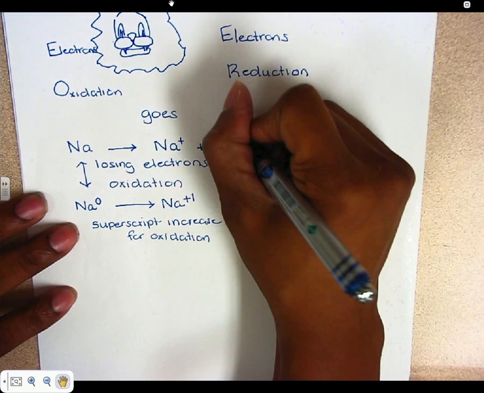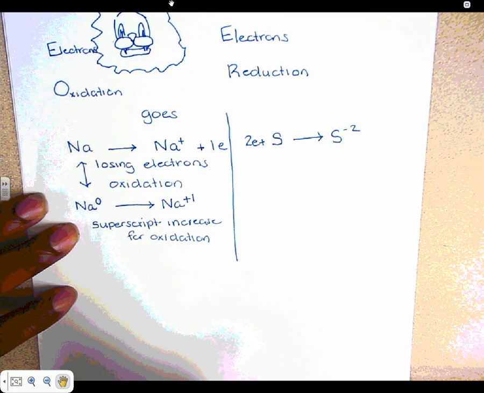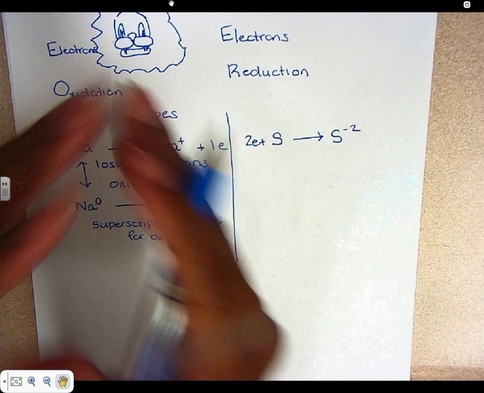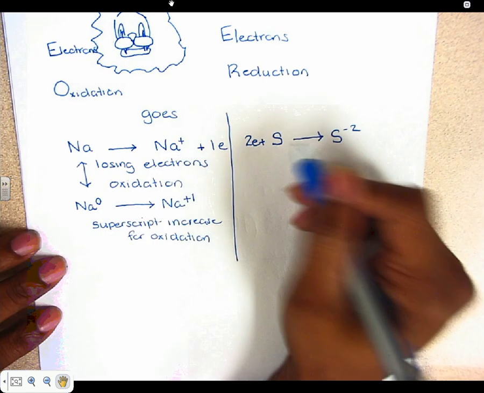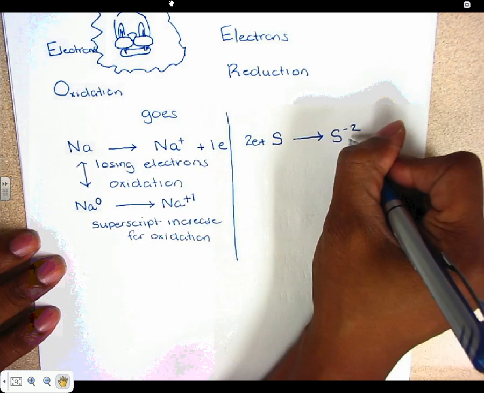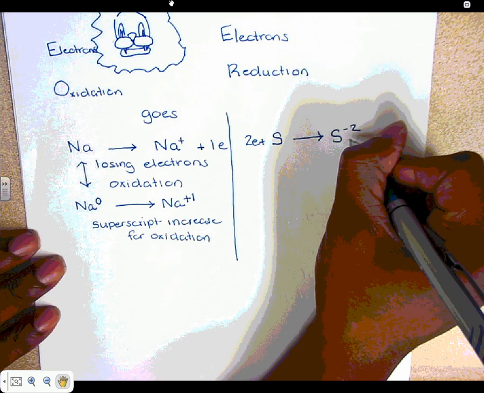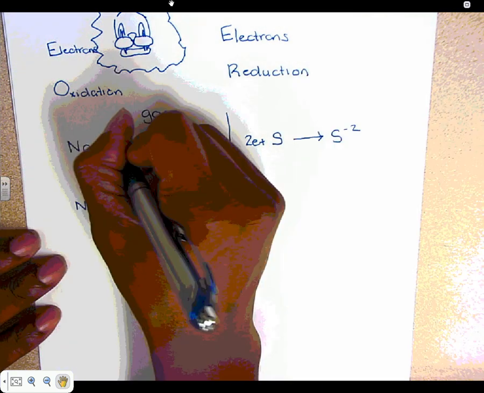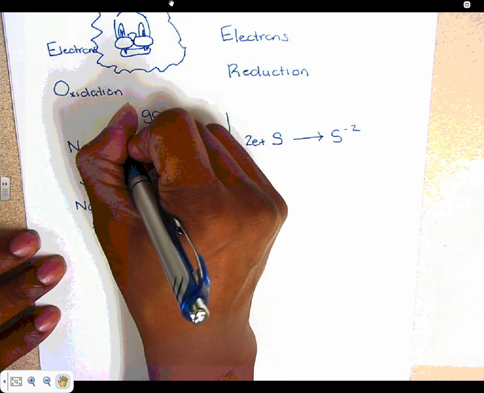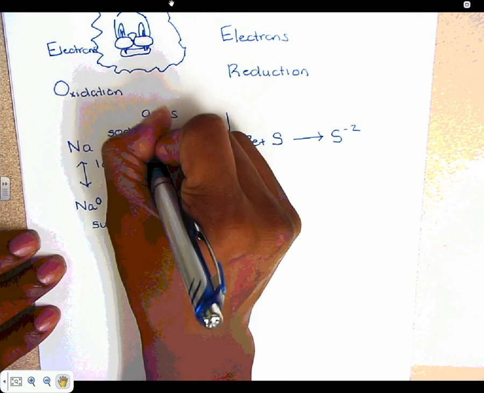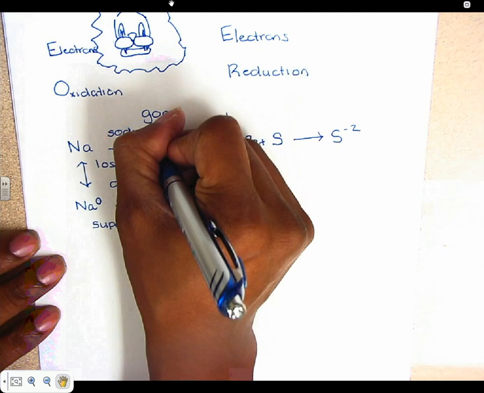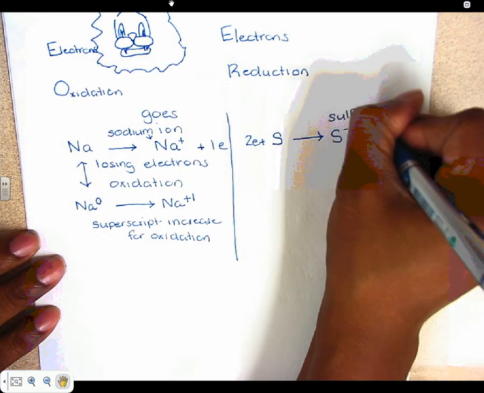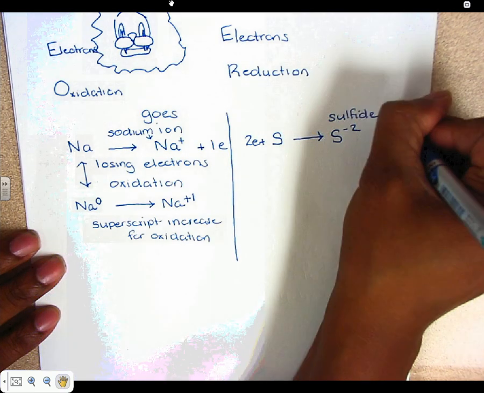I'm going to put a line to separate those. It gets the two electrons. Those kind of fuse together, if you will. It takes on those electrons and becomes sulfide ion. Sulfide ion. And while I'm at it, let me write the names for these ions. Sodium ion. That's this guy here. This is sulfide ion.